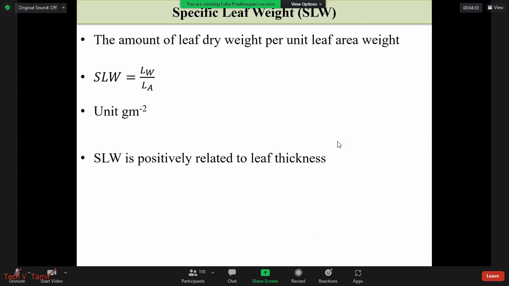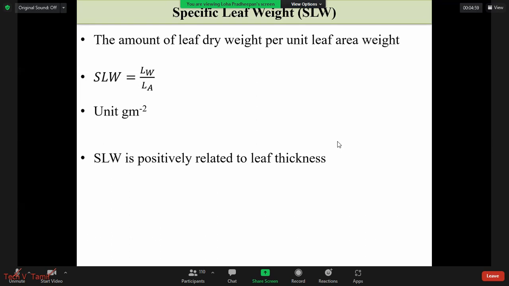Then another parameter we have is specific leaf weight. Earlier we had specific leaf area. This is specific leaf weight, SLW. Here it is the amount of leaf dry weight per unit leaf area. So LW over LA.